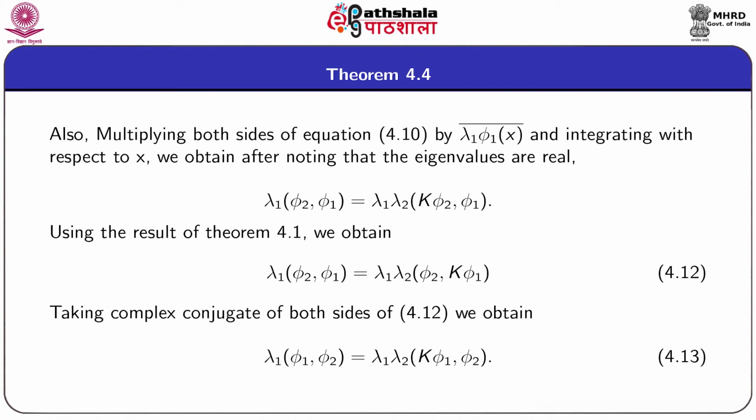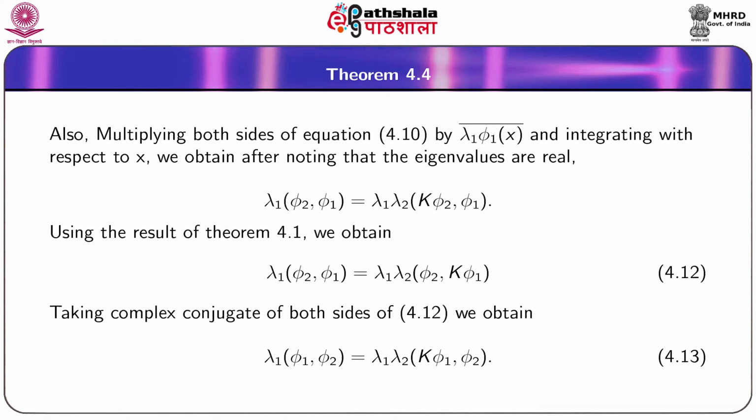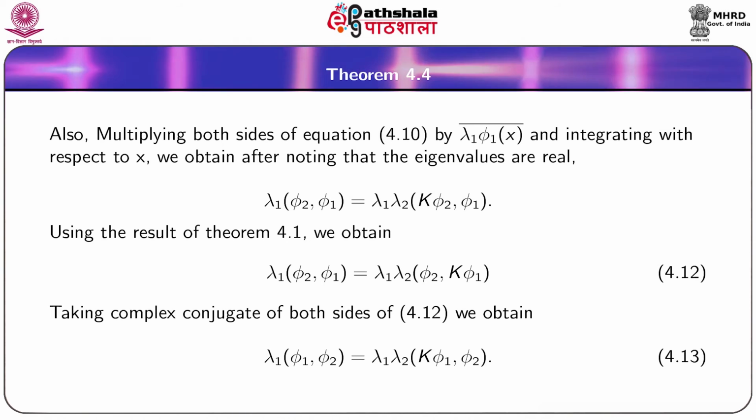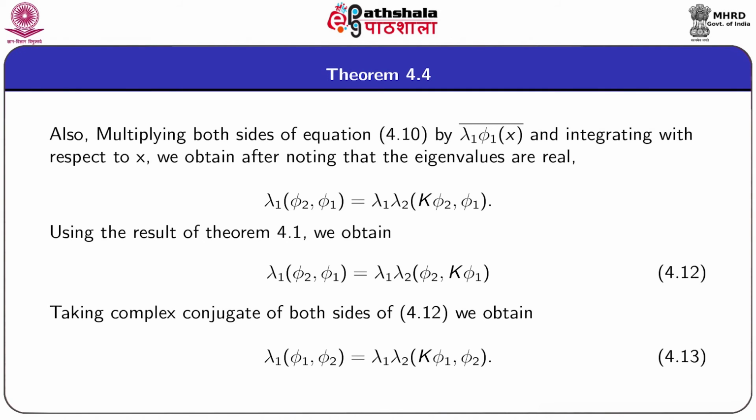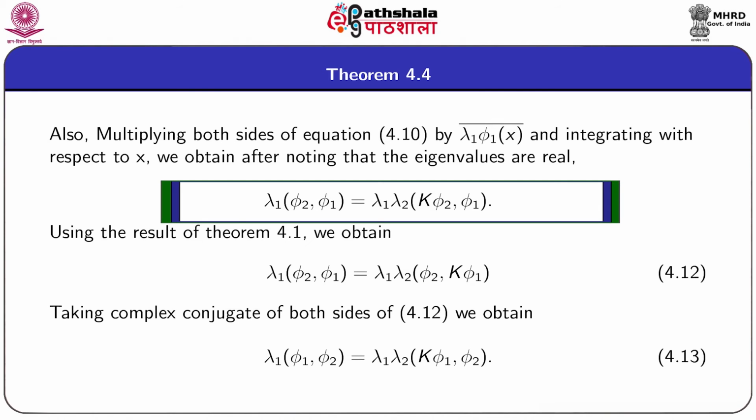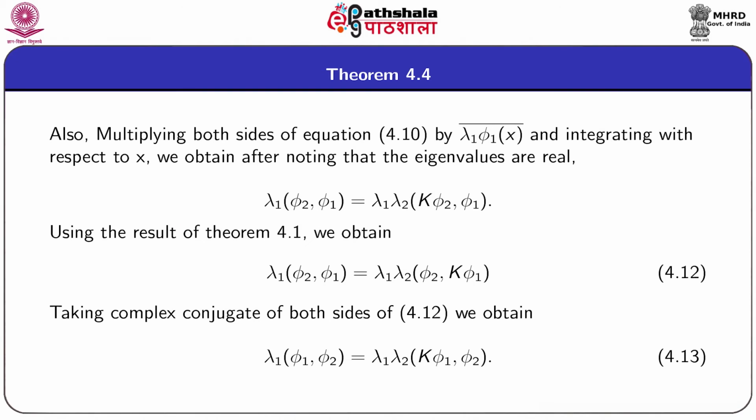Next, we multiply both sides of equation 4.10 by lambda 1 bar into phi 1 bar x and integrate with respect to x from a to b, and we note that the eigenvalues are real, so that we get lambda 1 into the inner product of phi 2 and phi 1, which is equal to lambda 1 into lambda 2 into the inner product of K phi 2 and phi 1.